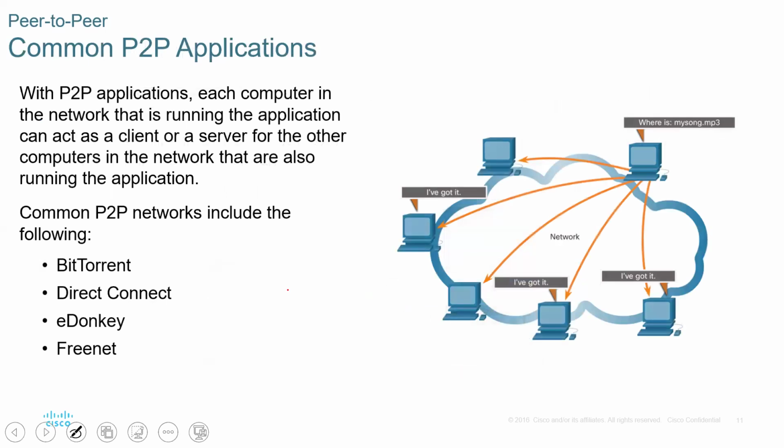So the common P2P applications that are often used are BitTorrent, Direct Connect, eDonkey, Freenet. So for those of you that intend to go for cybersecurity, these are very key elements that you need to know.